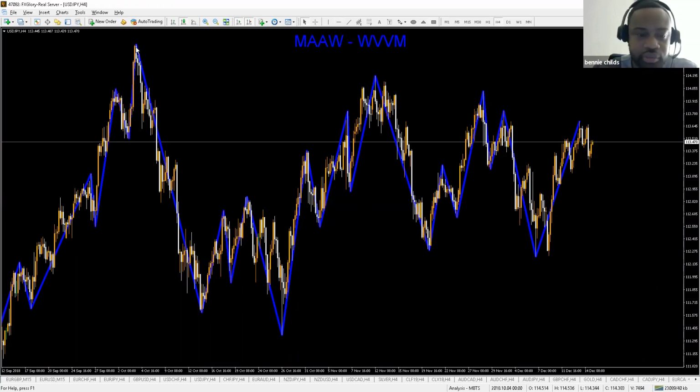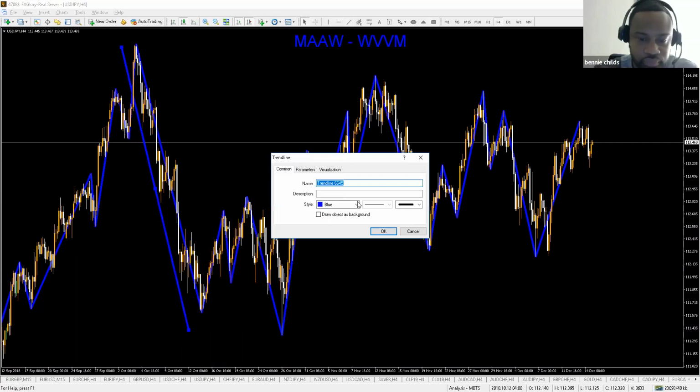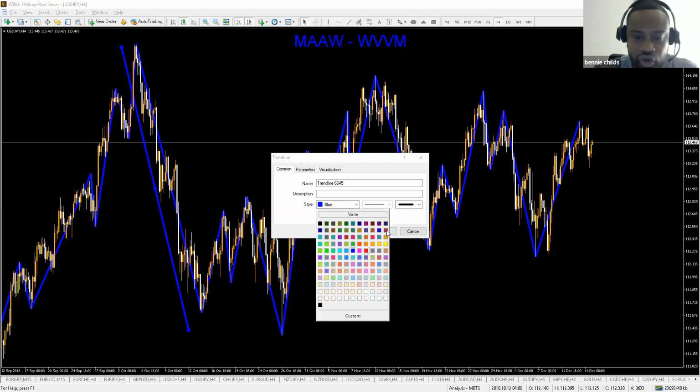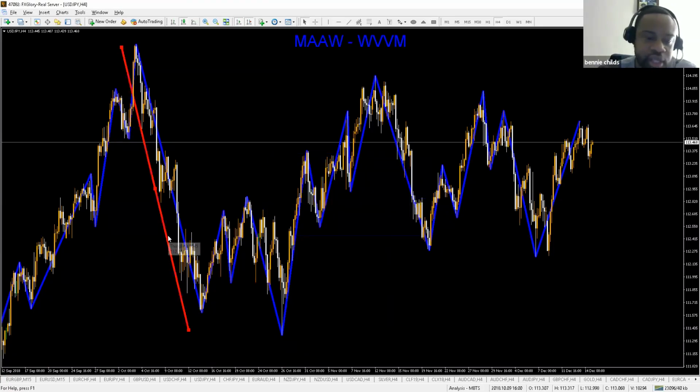So here's our W. Came down. I'm going to change this to red. This is the overall, right? So it's not always super clear, all right? But you're going to train your eye and you're going to be able to see it.